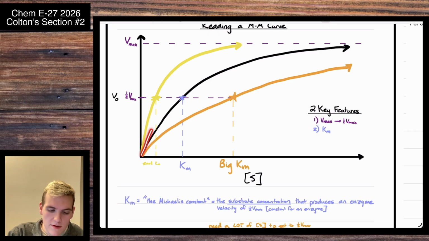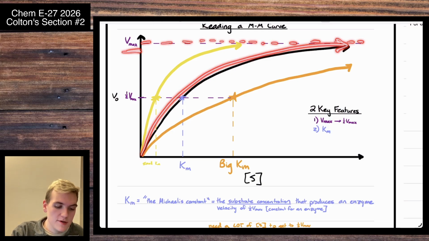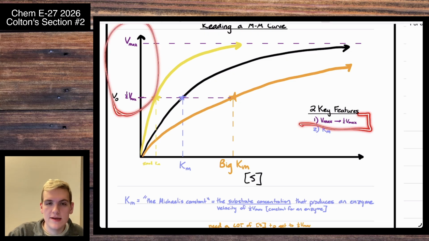So if we consider this as our main Michaelis-Menten curve, the asymptote up top that it approaches is Vmax, the maximum velocity that you can get to. Okay, if that number is 100, then half of Vmax is literally half of that. So you literally just go halfway down the line, you try to split this into two. Great. So that is the first thing that you need to be able to notice, Vmax and half Vmax.